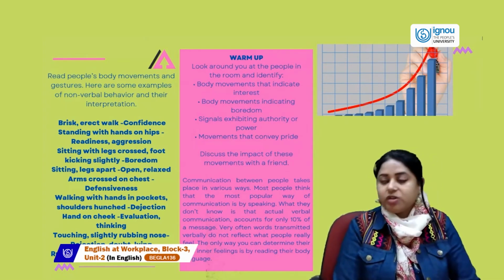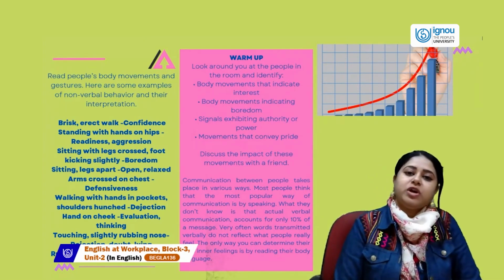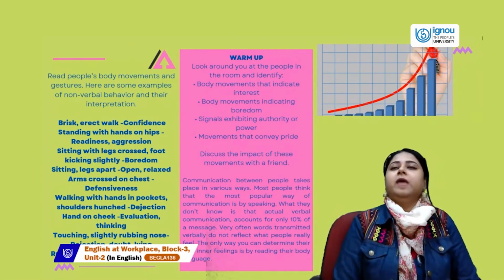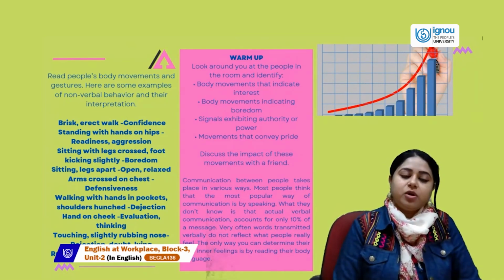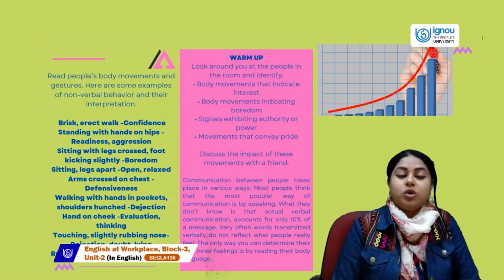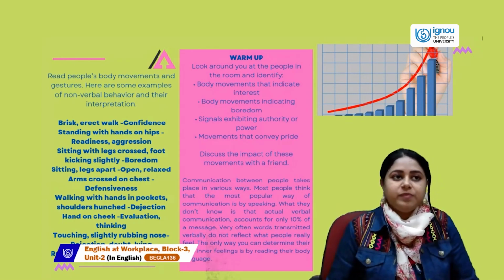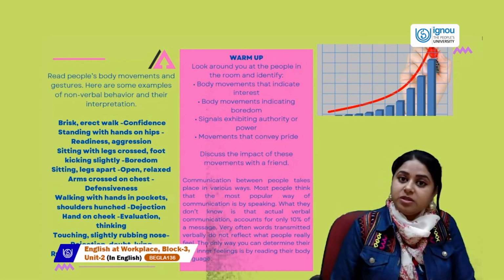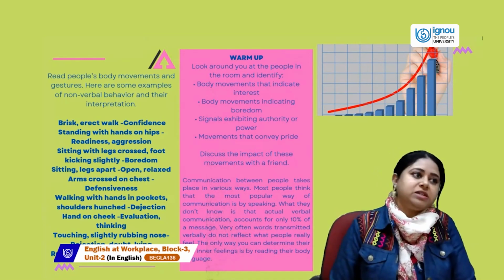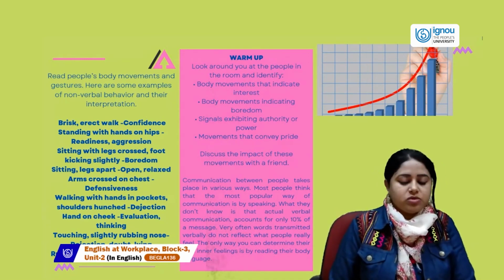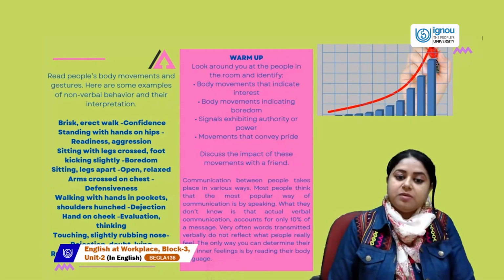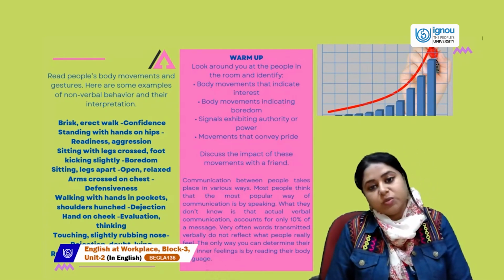Or sometimes what happens, people try to maintain a very confident behavior or attitude in order to feel secure. That can often be inferred as aggression by other people, right? So that's important. Now discuss the impact of these movements with a friend.